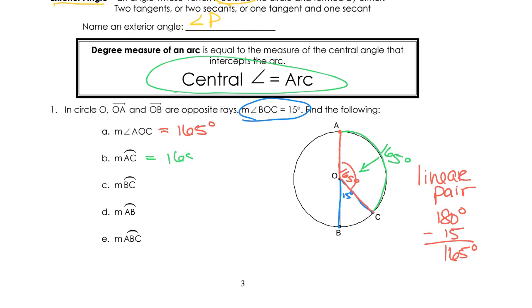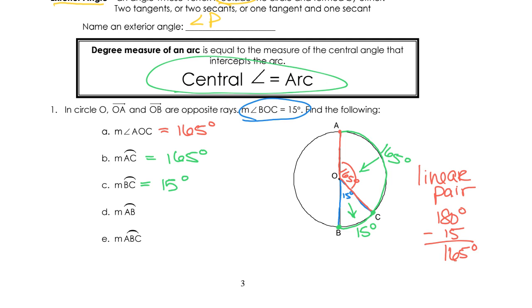Next up, they want us to find arc BC. So from B to C, and it's only 2 letters, so it's the short way from B to C, is also an arc of our circle. And the 15 degrees belongs to that arc there. And so that arc is 15 degrees because central angles are equal to their arc.